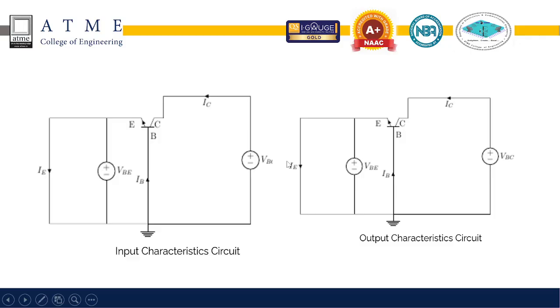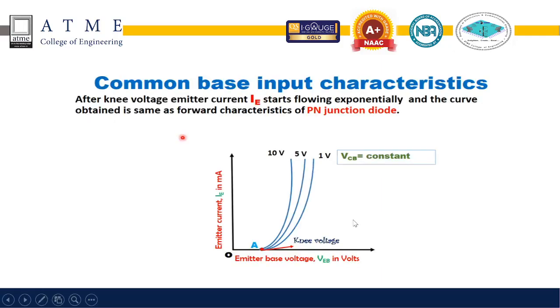So as we keep VCB constant at each level and vary VBE, the IE current increases gradually. That graph is shown here.